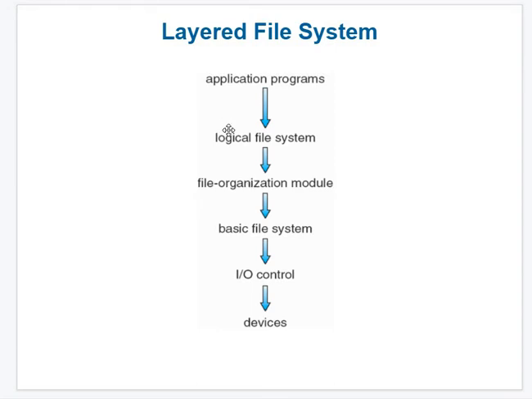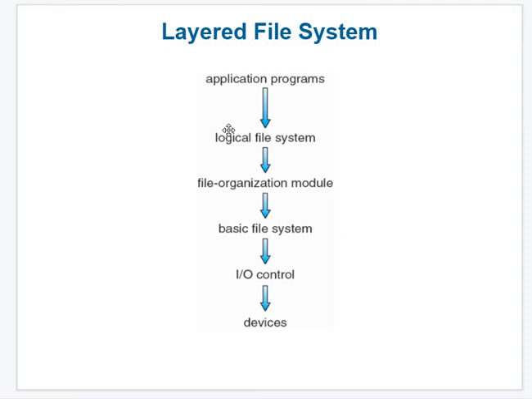So next is the logical file system. It manages the metadata. What do you mean by metadata? In the previous point I told you, data means the information we want to transfer. So metadata means everything except data. If you create a file and write inside it about JCET Hubli, whatever I write inside is called data.